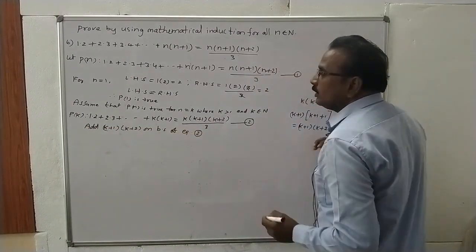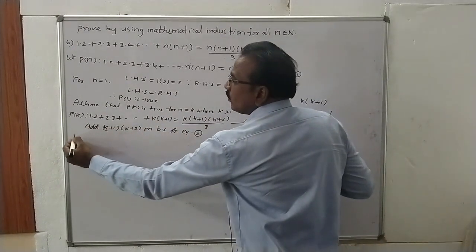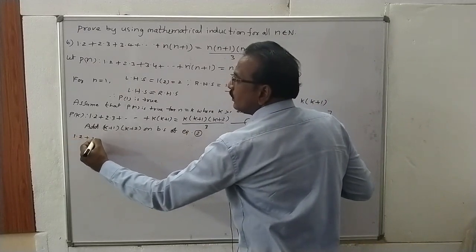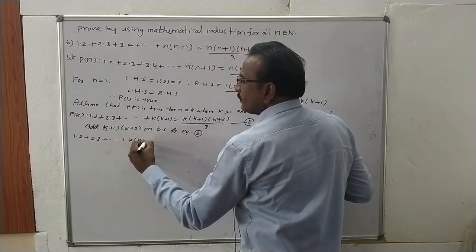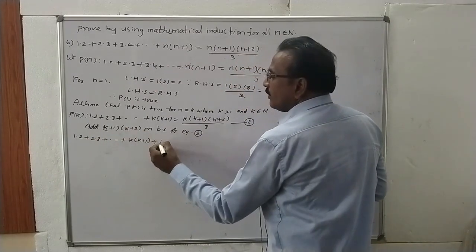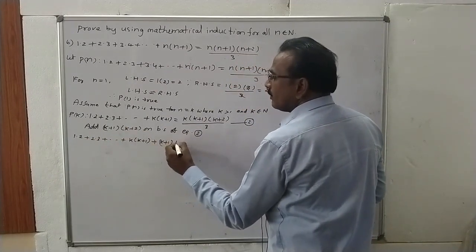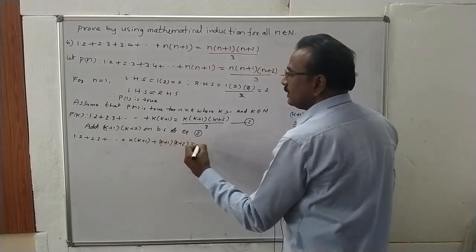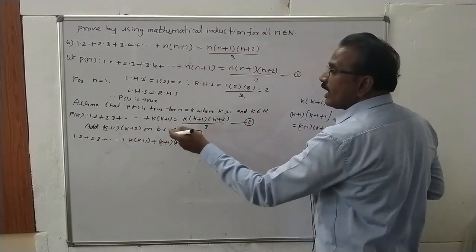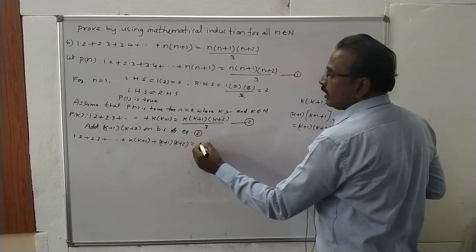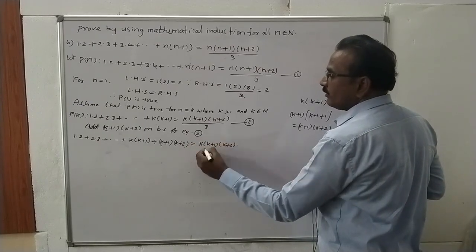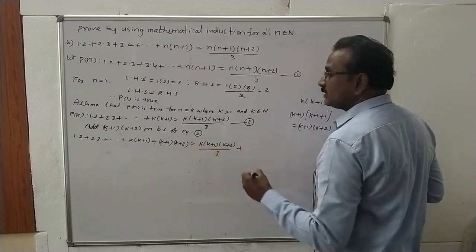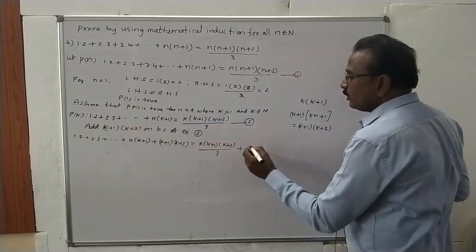So equation 2 becomes 1 into 2 plus 2 into 3 plus ... k into k plus 1 plus k plus 1 into k plus 2 is equal to RHS, adding k plus 1 into k plus 2: k into k plus 1 into k plus 2 divided by 3 plus this term k plus 1 into k plus 2.